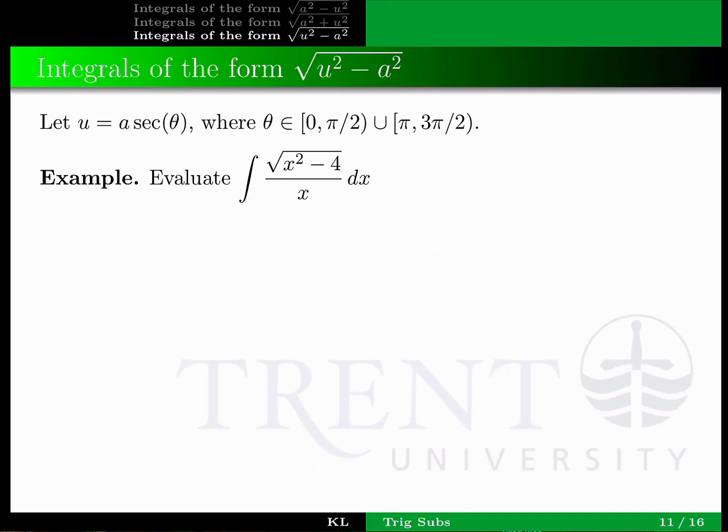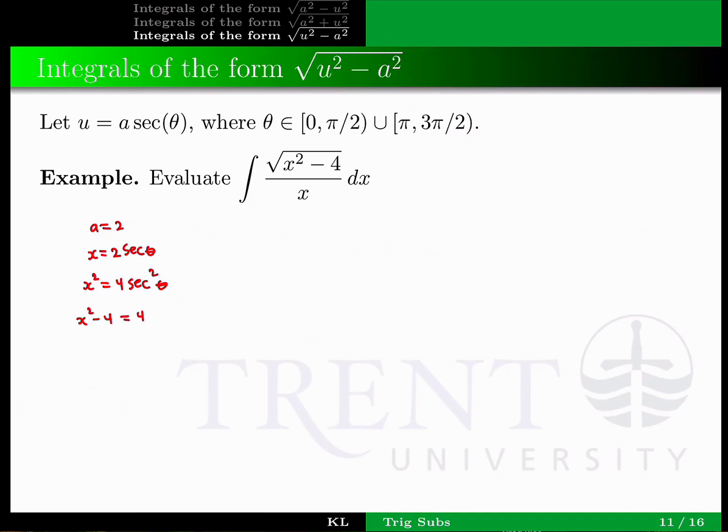Next item, a here is equal to 2. Our u is a simple x, so x will become 2 secant theta. Take the square of both sides, we will have x squared equals 4 secant squared theta. Then we subtract 4 on both sides.